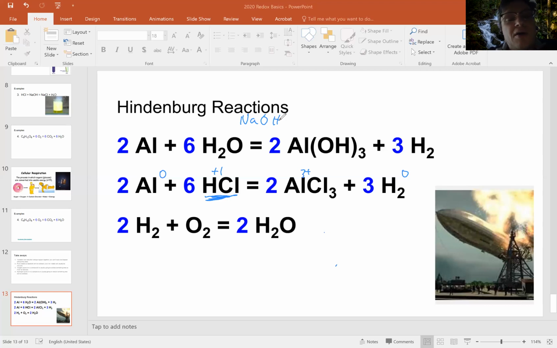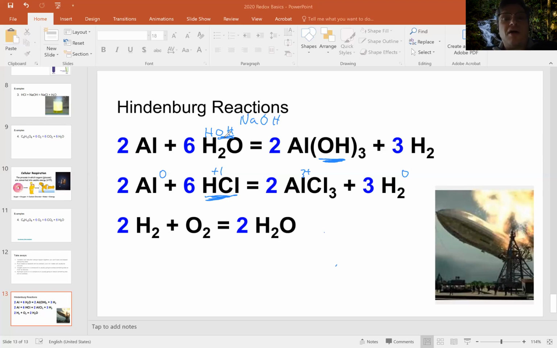Anyway, if we think about water being HOH in this instance, we can think about this OH here in the hydroxide being sort of equivalent to the oxygen and hydrogen in water. And so again, we're seeing something that's sort of like a polyatomic spectator ion.